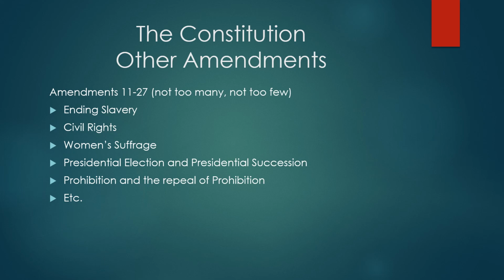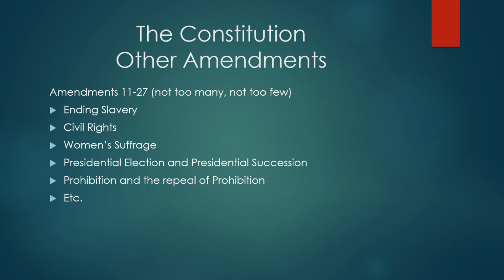Some of the big things that we did in amending the Constitution through the years were ending slavery, granting civil rights, giving women the right to vote, changing how we elect presidents and how presidential succession works, and a number of other things that were critical and necessary to change in our Constitution as the country grew. There's one thing we did that was kind of interesting that actually didn't last, and that was prohibition.